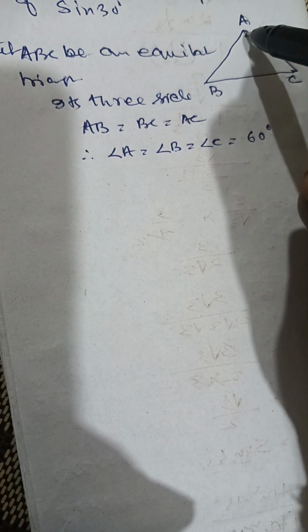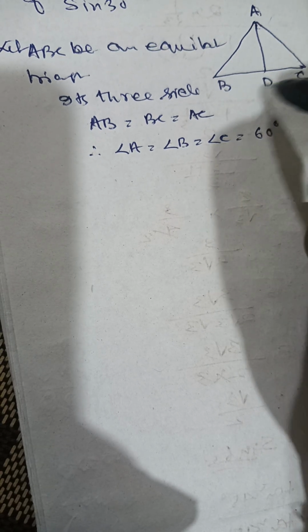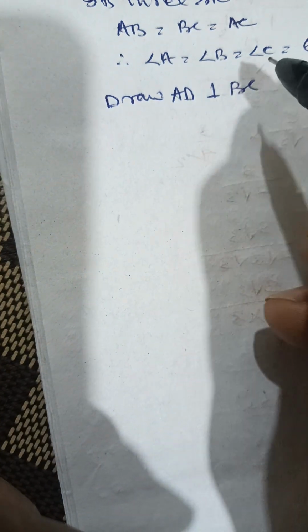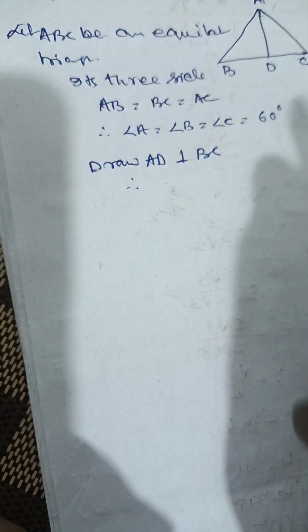Here you see from point A, I have drawn a perpendicular AD on BC. You write draw AD perpendicular on BC. Therefore, you see in the diagram angle A was 60 degree.